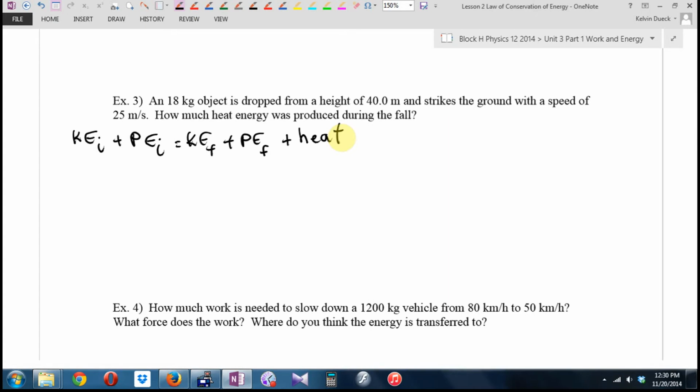Are any of these 0? Am I starting out at rest? What does that mean? Yep. Am I starting out on the ground? Nope, don't cross that out. Am I ending up at rest? No! And this still is an error I'm constantly seeing.